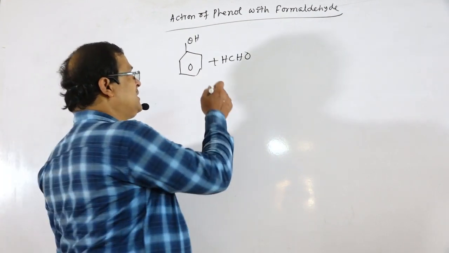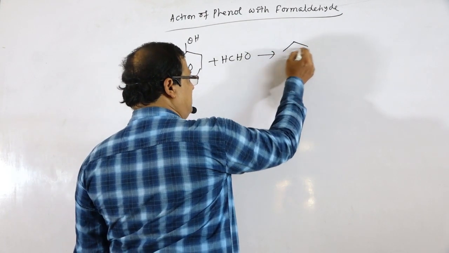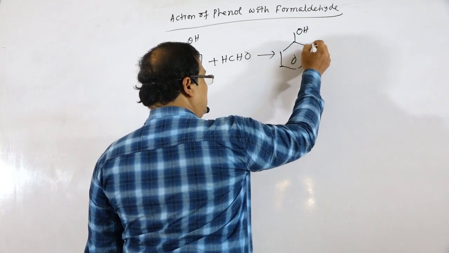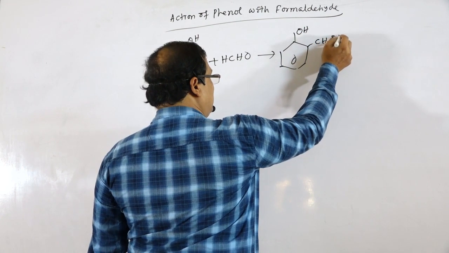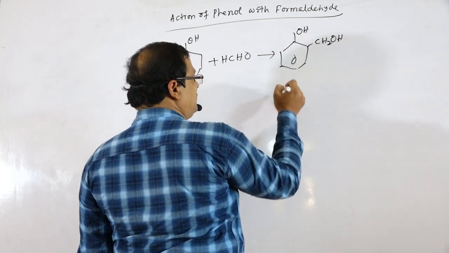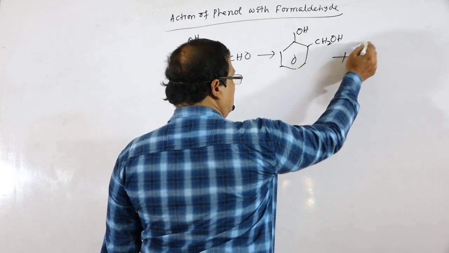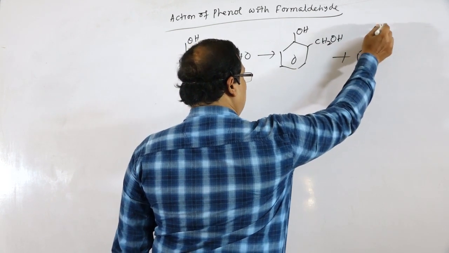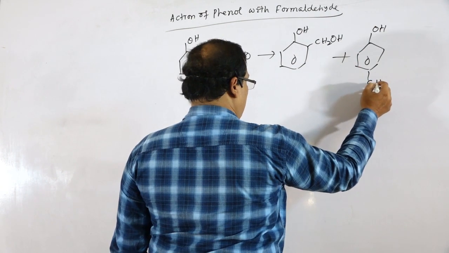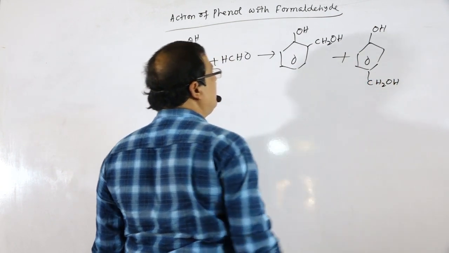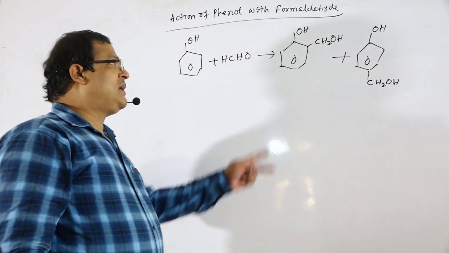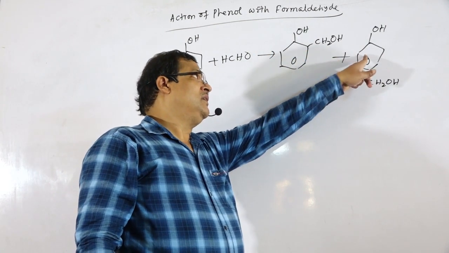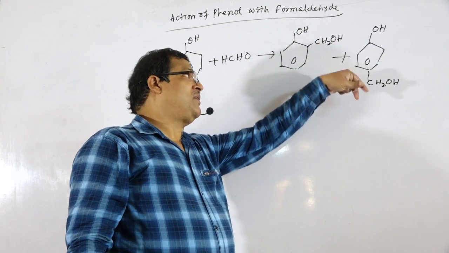So the product is ortho-hydroxy, OH, that is CH2OH, benzyl alcohol, with the OH group at the ortho position, CH2OH. So there is the formation of the ortho product and the para product.